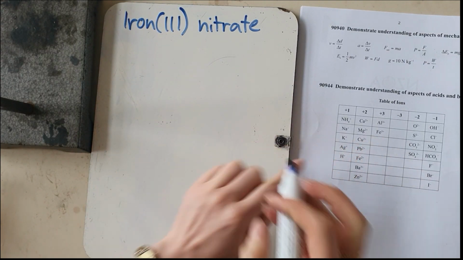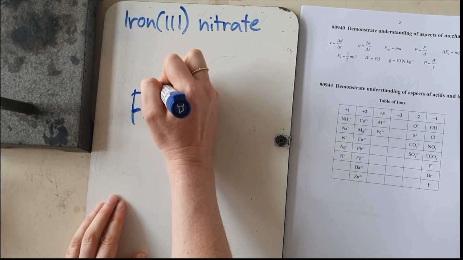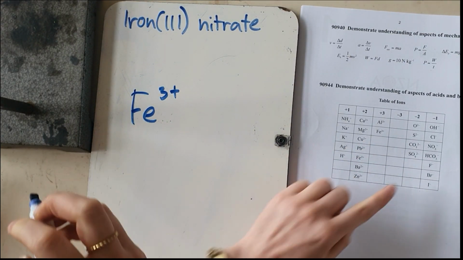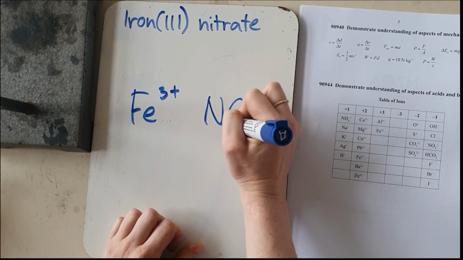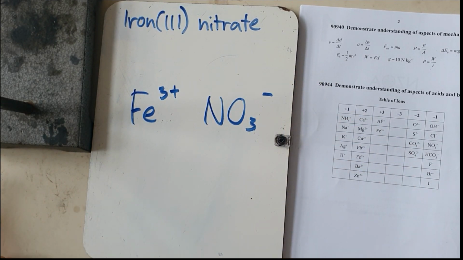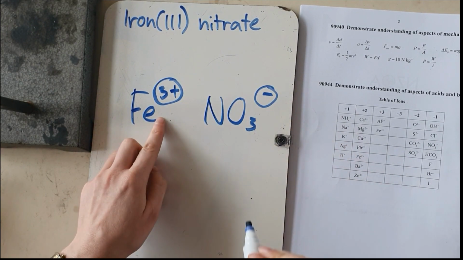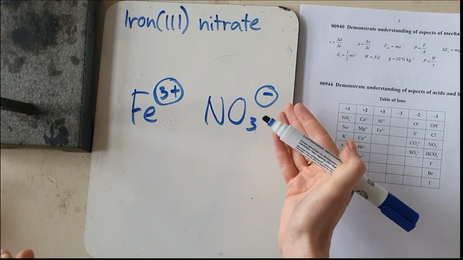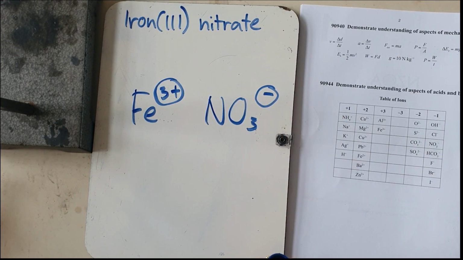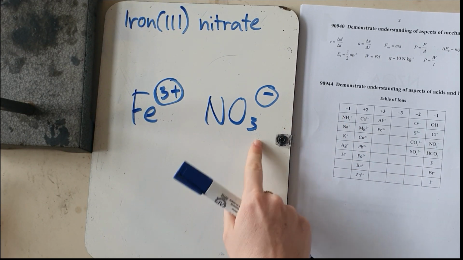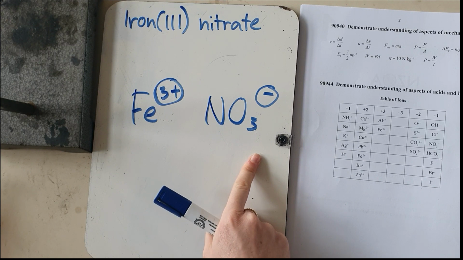Okay, we'll see how that works with our next example. Iron 3, so Fe3+, nitrate, NO3-. Looking at the charges, we've got 3 positive charges, so we need 3 negative charges to cancel that out. Whereas nitrate only has 1 negative charge.